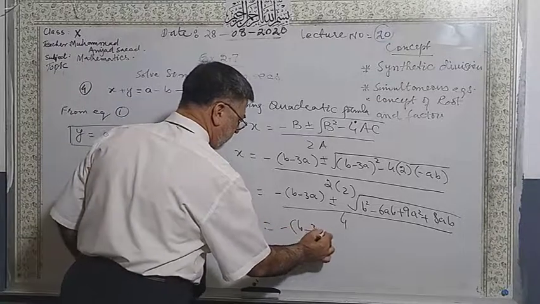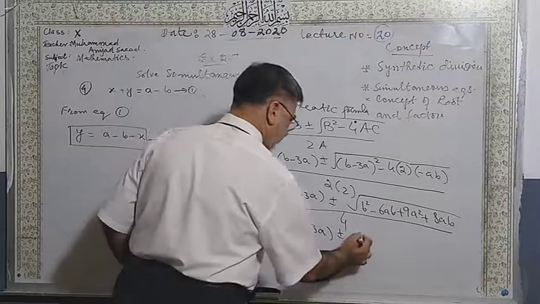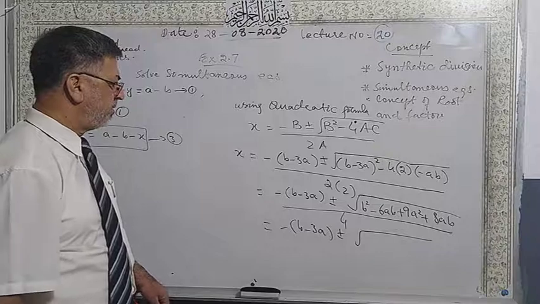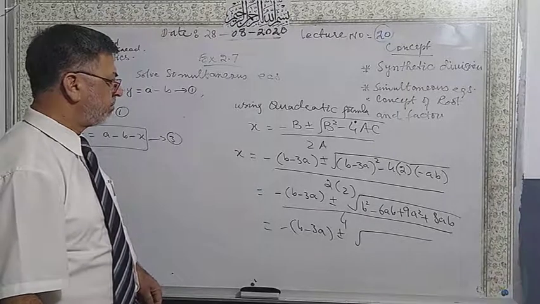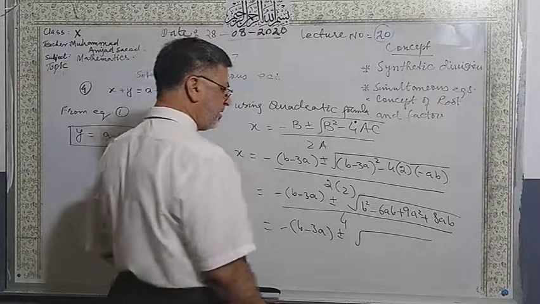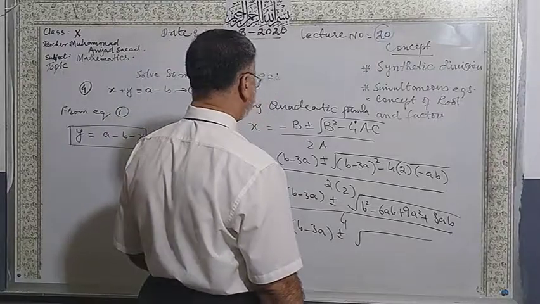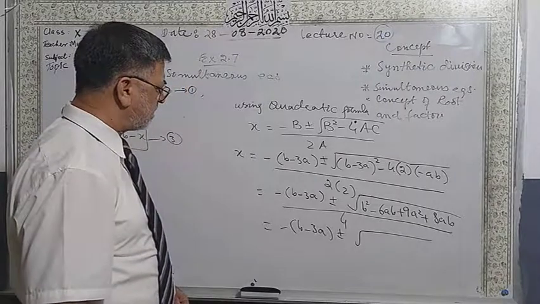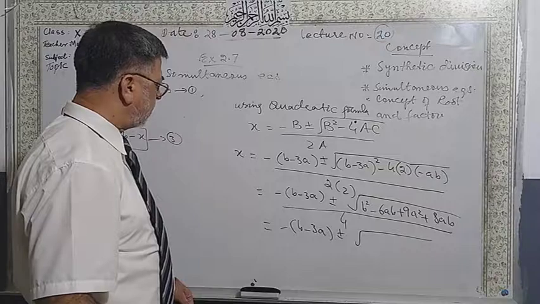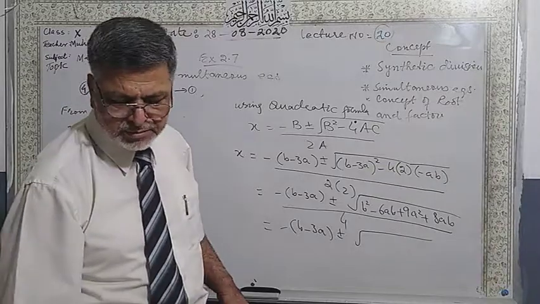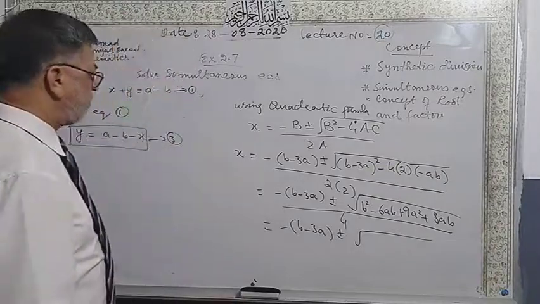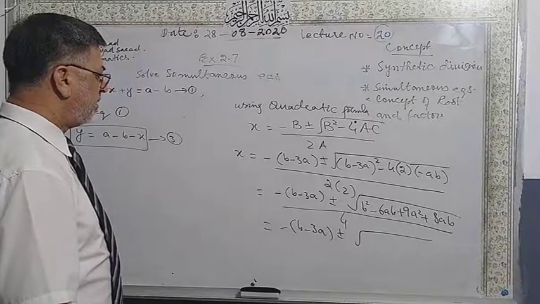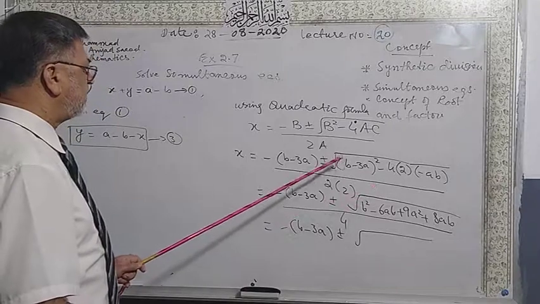Minus b minus 3a plus minus, remember that nine a square, but it must not be 9a square.